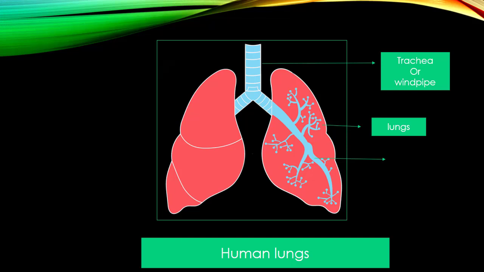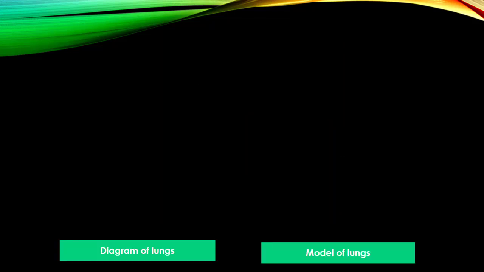What is it called? Bronchial tube. B-R-O-N-C-H-I-A-L, bronchial tube. So these are the main parts of the breathing system. There are many more other parts, but you will learn about them in your next classes.